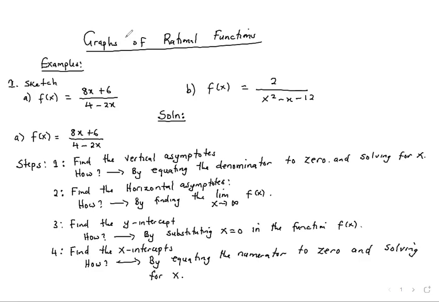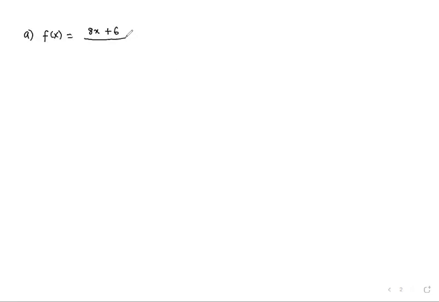So A, f of x is equal to 8x plus 6 over 4 minus 2x. So we start. We get the vertical asymptote.